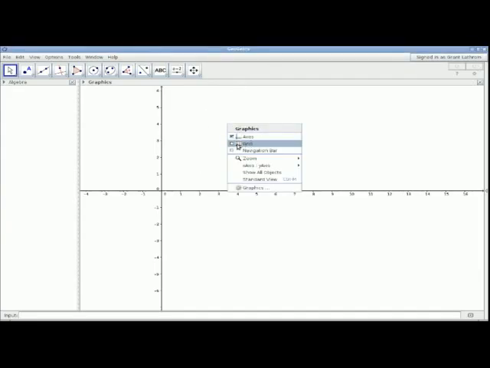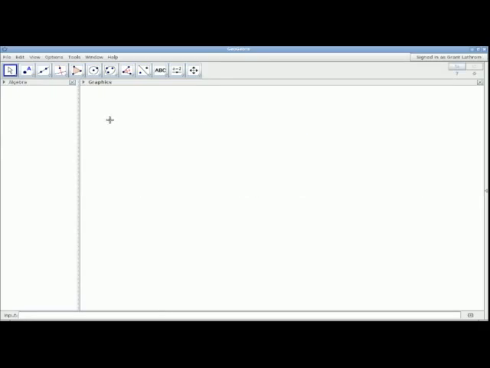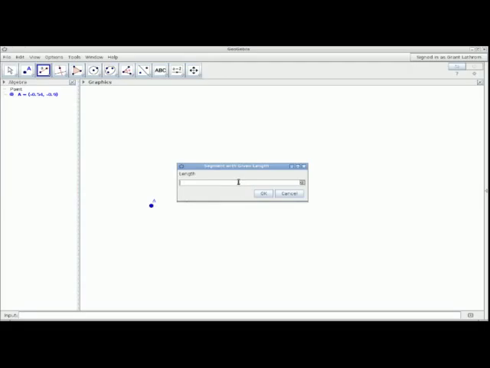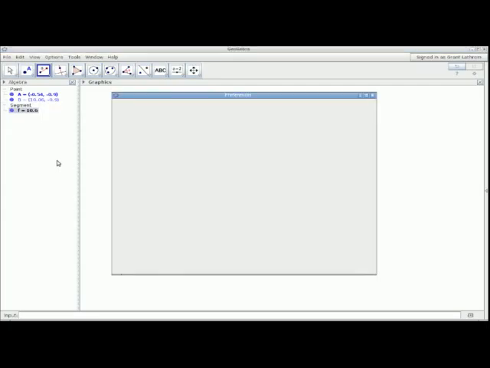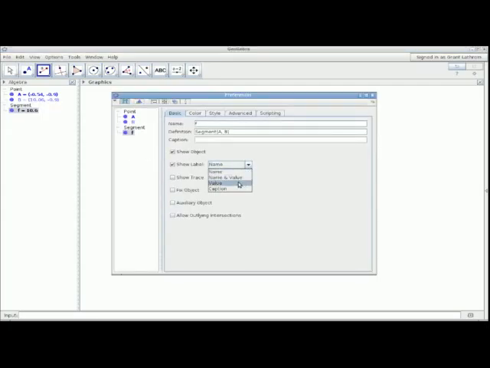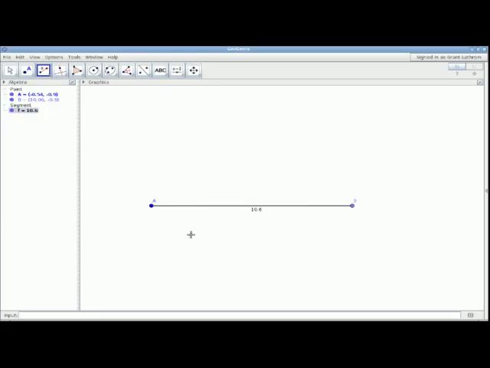So again, I'll get rid of the set of axes, and I need a line segment of length 10.6 units long. And let's view that so we can actually see that length as we're doing it.